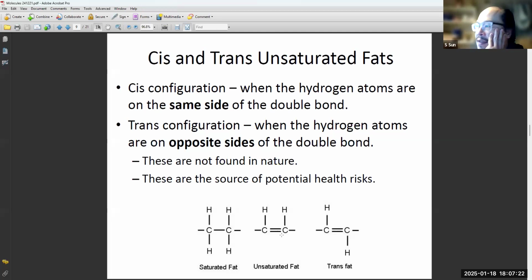So we can have a cis unsaturated fat or a trans unsaturated fat. Cis is natural. Trans comes through some cooking or manufacturing process that converts cis to trans. So this is not good. Trans fat is bad because it is not natural. Cis fat is better.